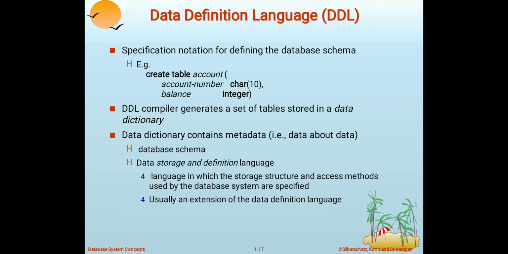The two fields we call attributes or entities. Here the account has the entities account number, with the size of character 10, and next field balance, which has an integer data type.